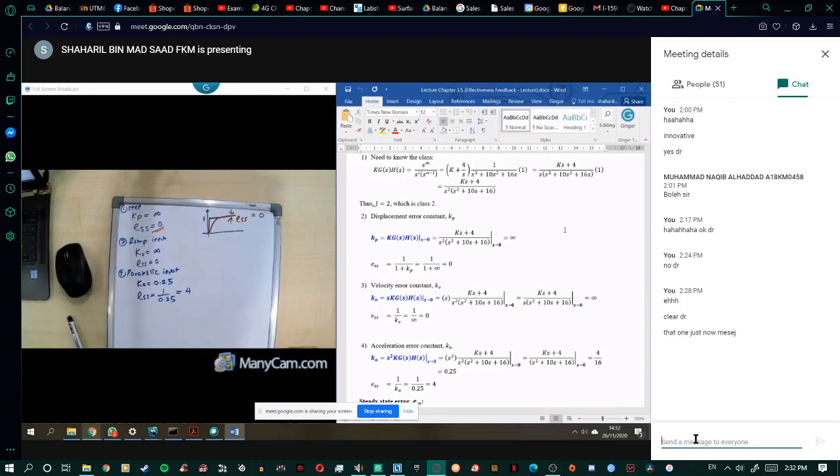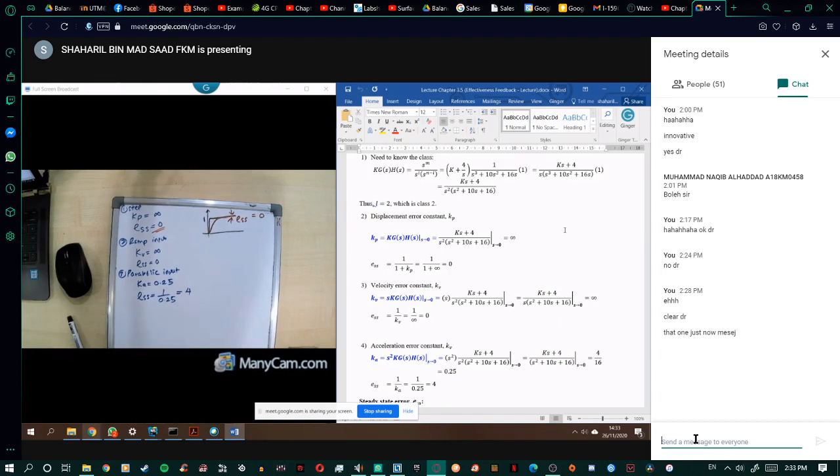Clear? That means your system is stable, it's very good. The parabolic is a different graph, it will be a curved graph and so on.